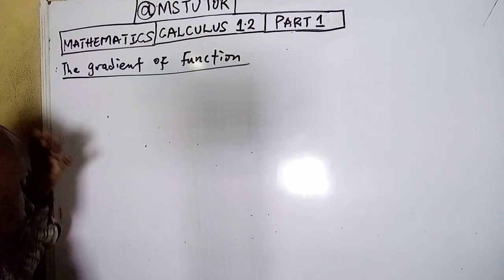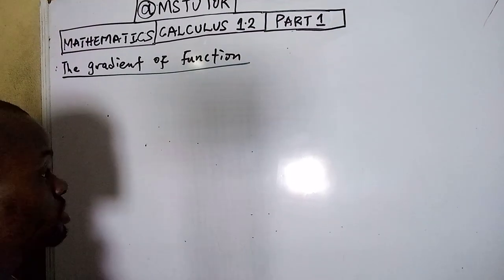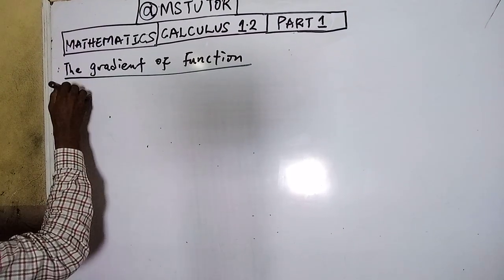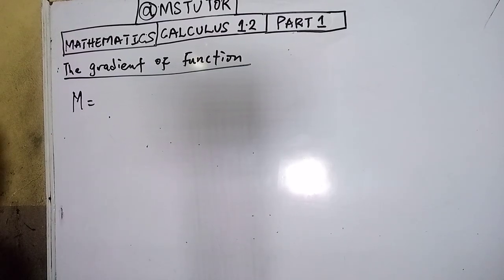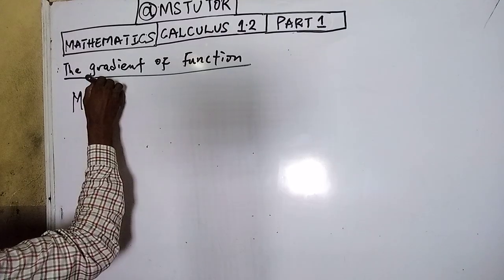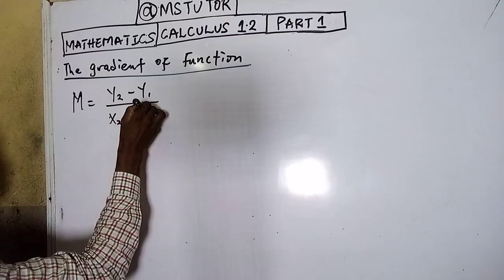Alright, from this expression of gradients, this is n, that is going to be the gradient, equals y2 minus y1 over x2 minus x1.